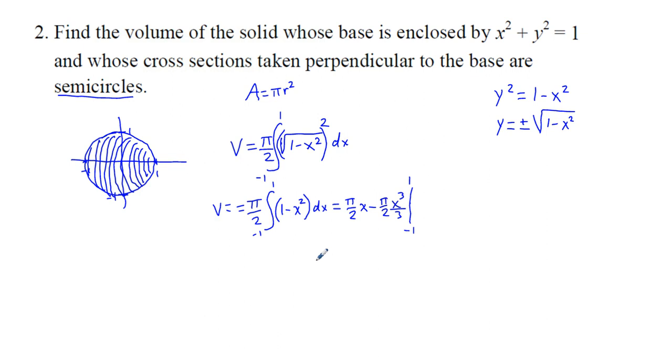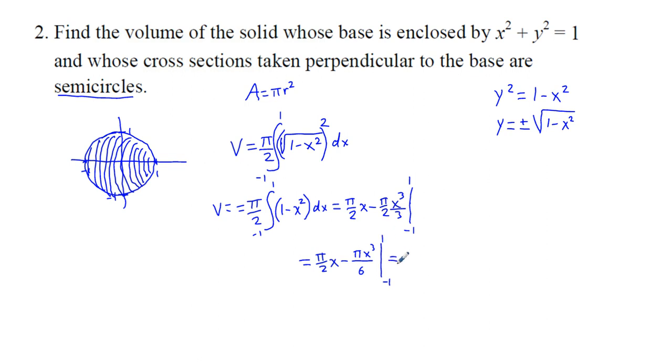And I'm just going to work below here. So we have pi over 2 x, and we're going to have minus pi x cubed over 6. And we're evaluating between -1 and 1.